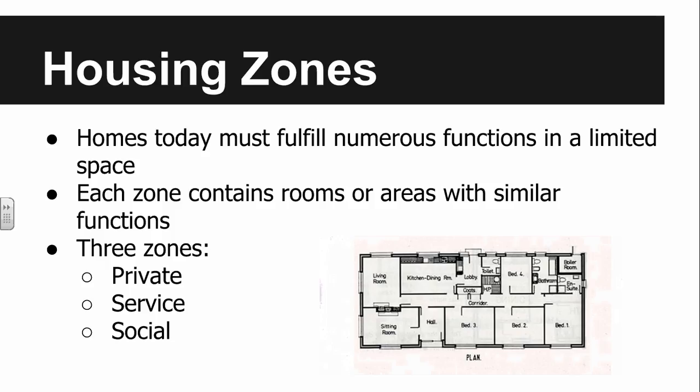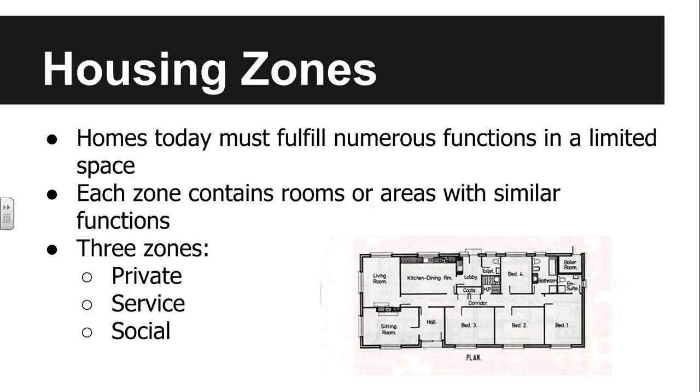We call them private, service, and social. You can look at this floor plan that I have on the screen, and you can probably think to yourself, okay, private zone. Well, that's where you're going to want your privacy as a person, so you could probably predict by looking at this floor plan what room in your home you get privacy in, and so on from there.